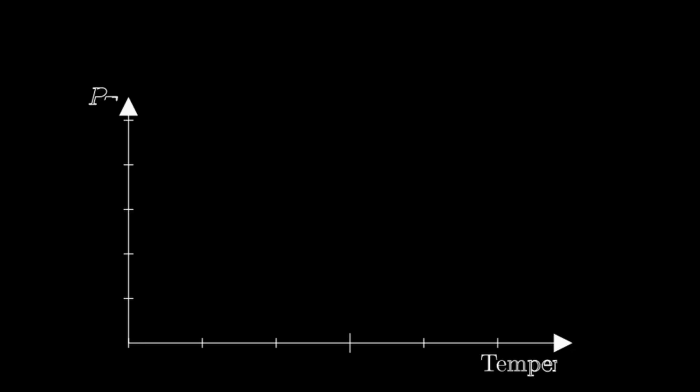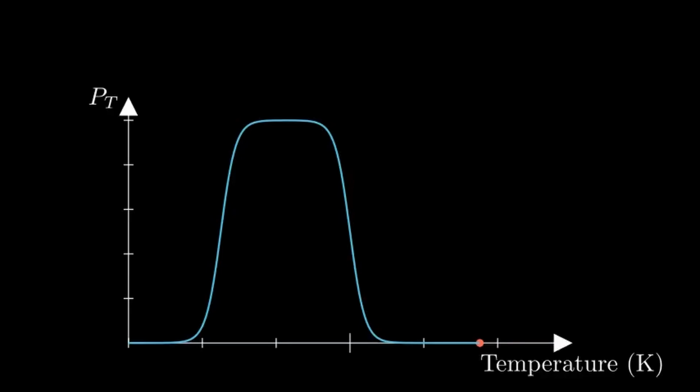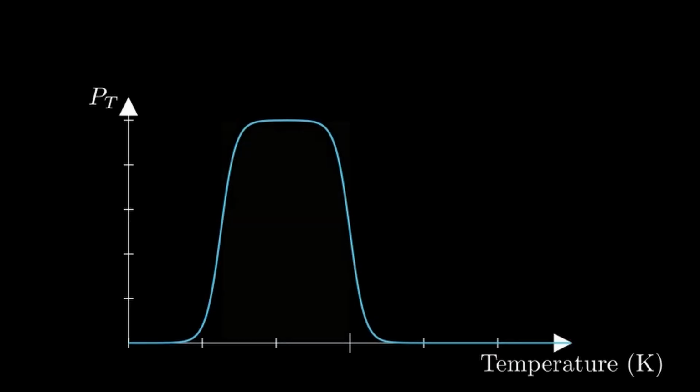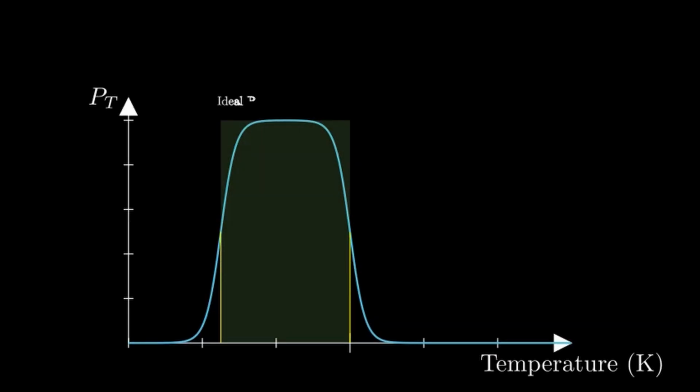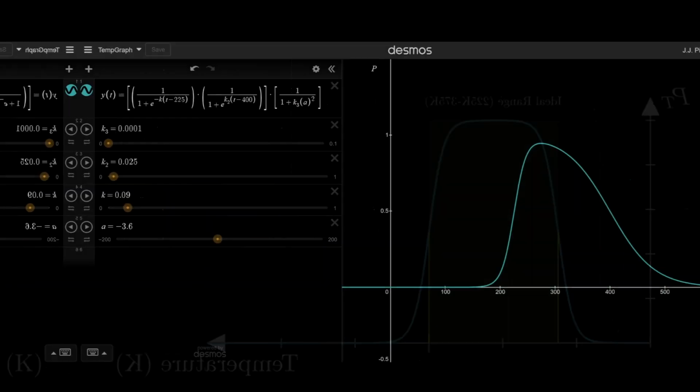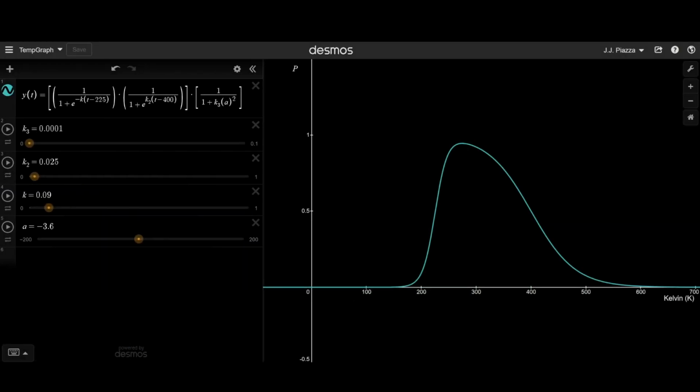To visualize this further, I have here a graph of the ideal range with temperature on the x-axis and our penalty output on the y-axis. And to be even more accurate, I have here Desmos showing us all of the different terms and how the graph would actually look with our various different sensitivity factors called K, K2, and K3.